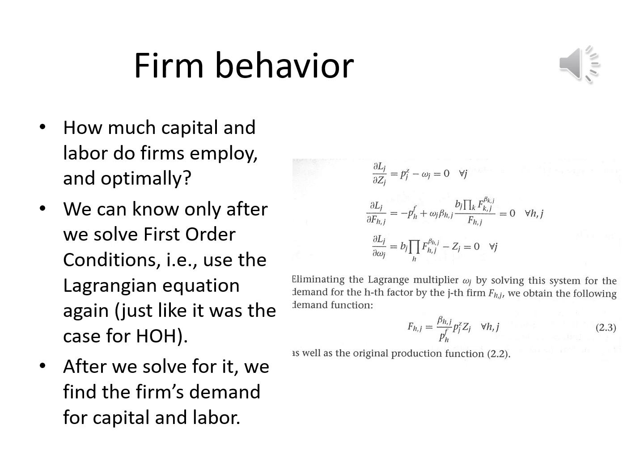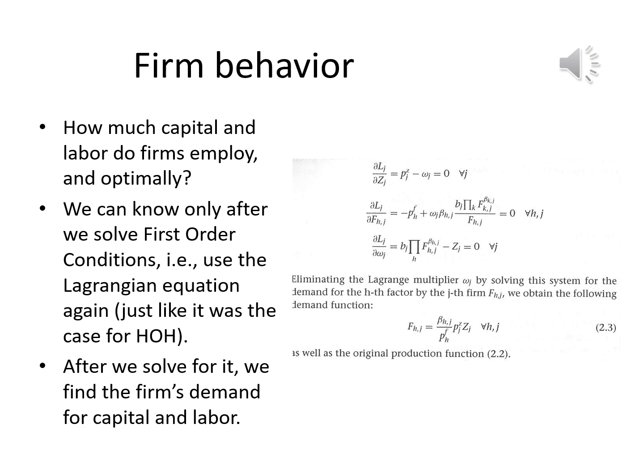Okay, and what you see in equation 2.3 is similar to what you saw for households in previous slides. Let's interpret this. The demand for factors, the demand for capital or labor, is inversely proportional to its price. So if the price of capital, PF in the denominator, is increasing, then you want to use less of it, and if the price of labor, which is wages, is increasing, you want to use less of it.